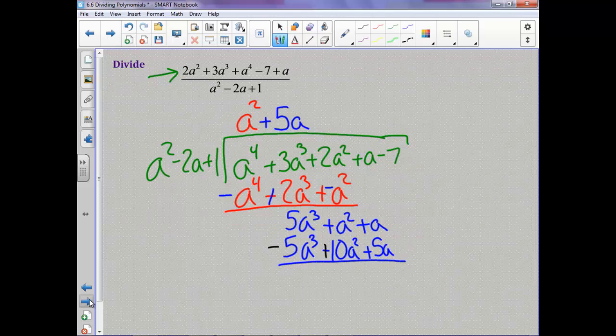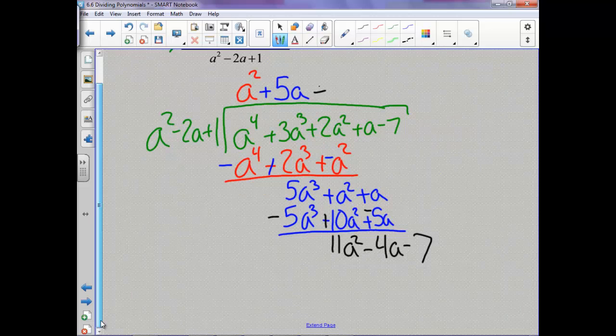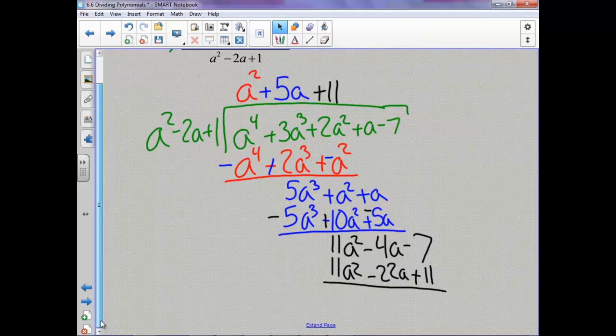When we subtract, it'll change all the signs. And now we need to multiply by a positive 11. So notice now our remainder is not 0.